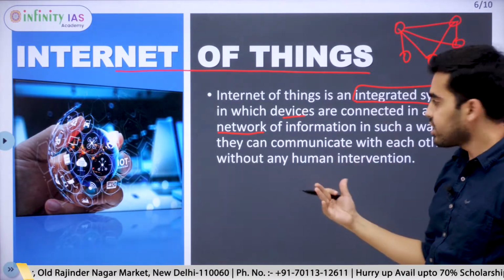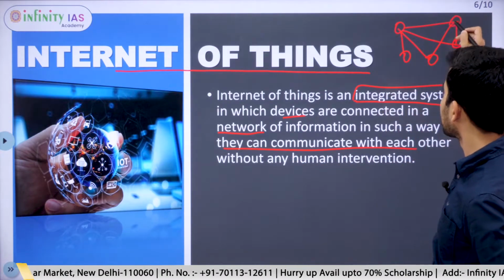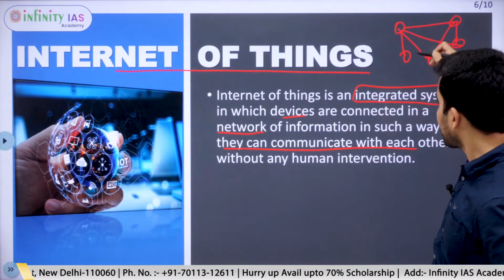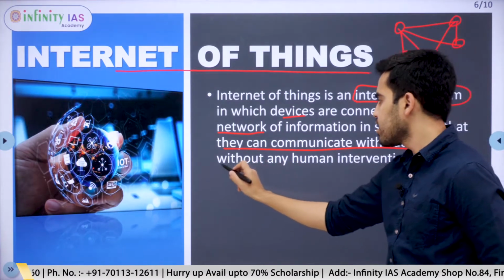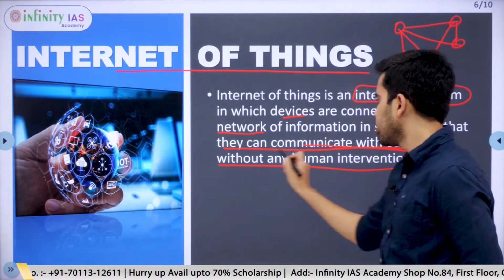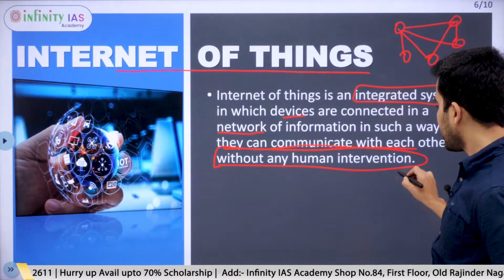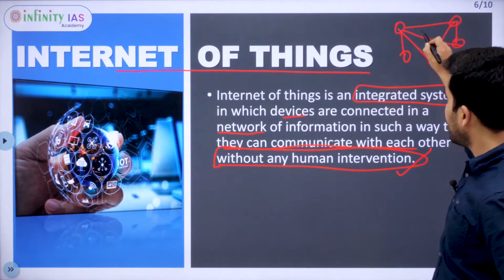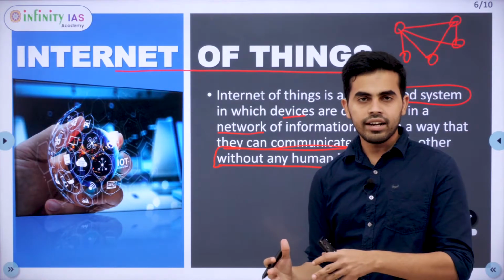They will be connected in such a way that they can communicate with each other. And the most important thing is, without any human intervention. So what we need to understand is they should be able to communicate with each other without any human interaction.